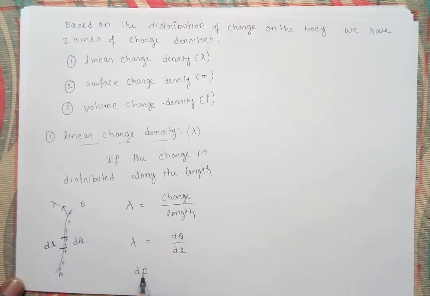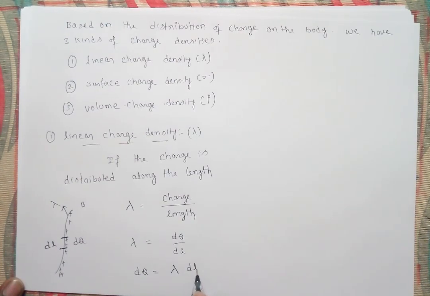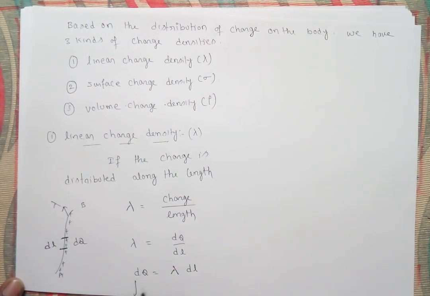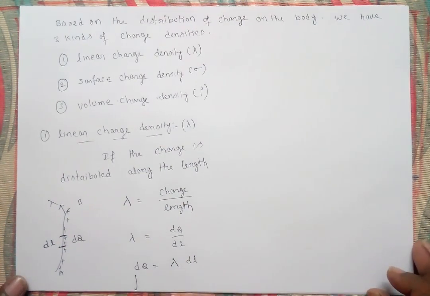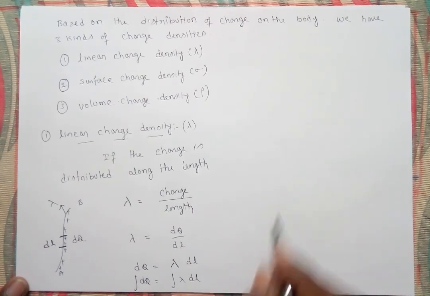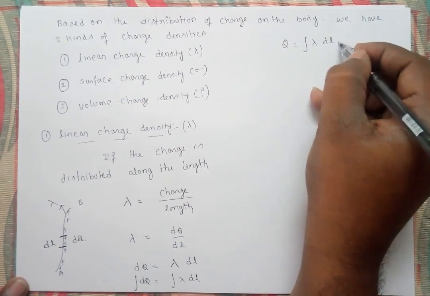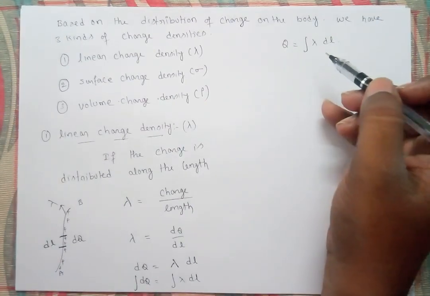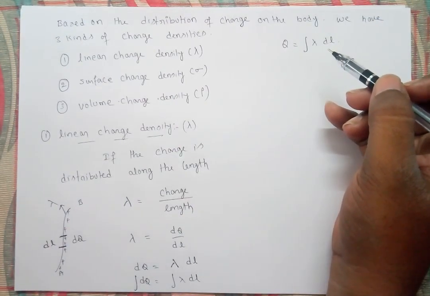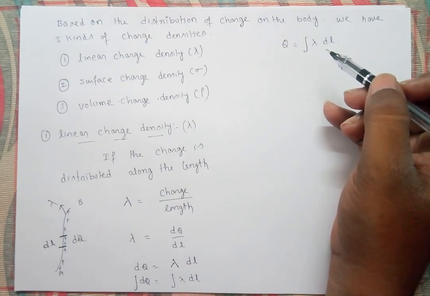From that, dq equals linear charge density into dl. This is the charge of a small element, but if you want to find the charge of the entire conductor, you have to integrate on both sides. Integral dq equals integral lambda dl, therefore q equals integral lambda dl. So linear charge density means charge per unit length.